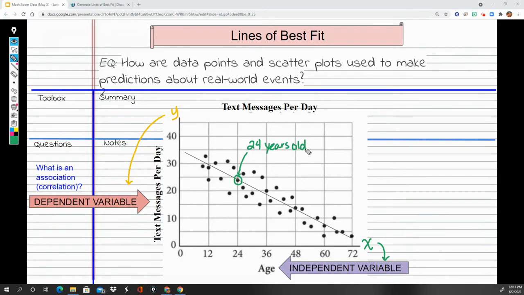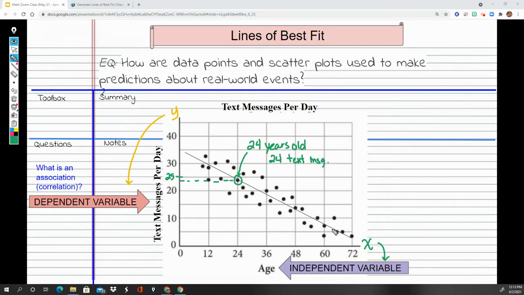So they interviewed a bunch of people. Some of them closer to 12 years old, some as old as 72. Let's look at this 24-year-old. How many text messages does that 24-year-old claim to send in a day? Looking at that, it's just under 25, so about 24 text messages per day.